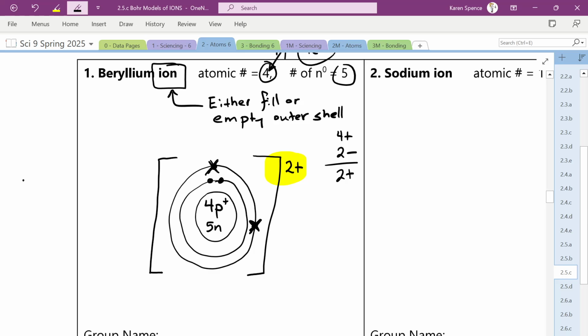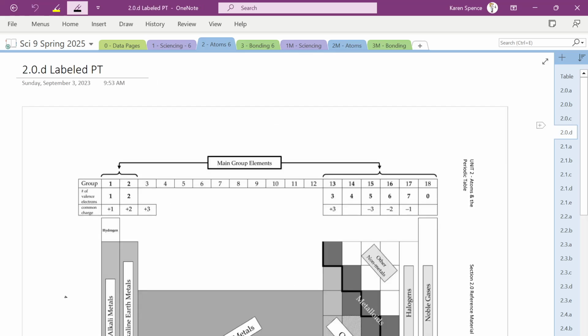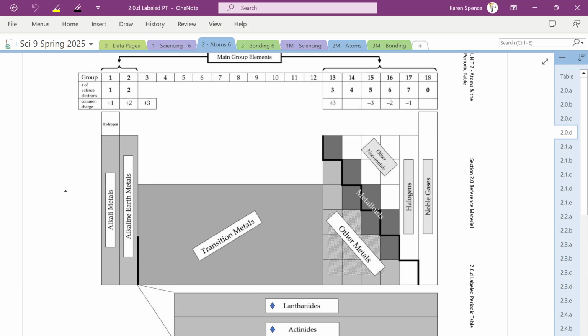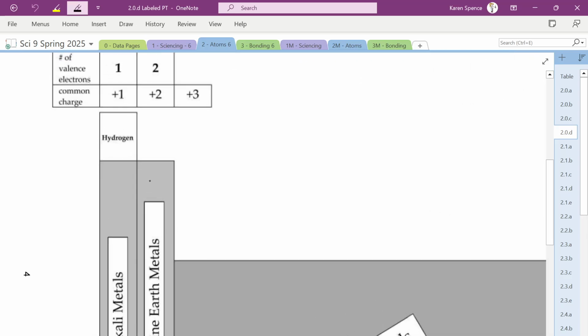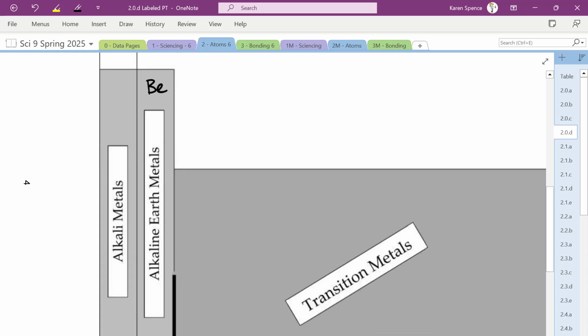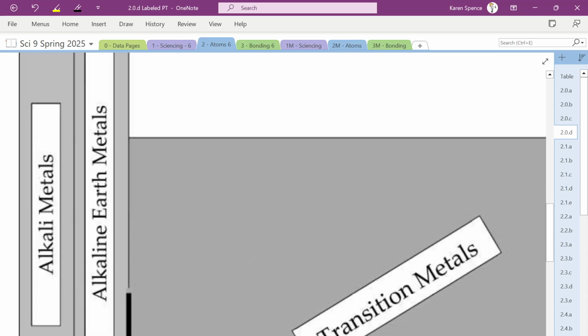So if we were to find beryllium, it would be right here, and it is in the group called the alkaline earth metals. So you're going to write that down.